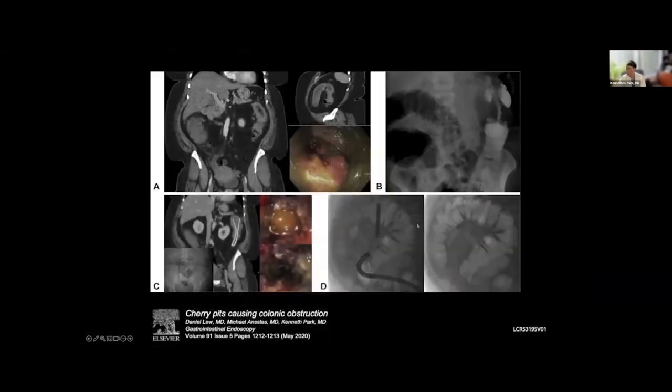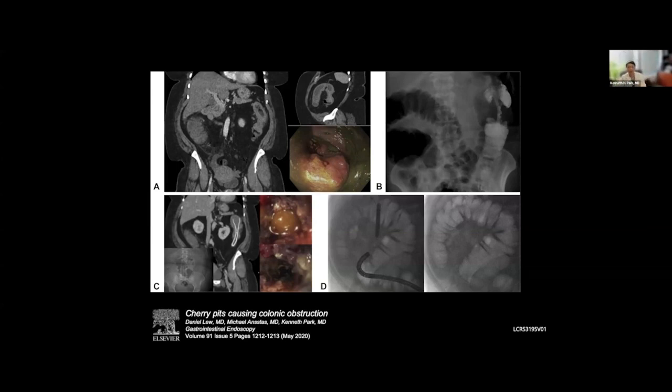Versus a similar sort of case, this is a case that we published a while back. This was a braided stent, an Evolution stent, which is braided, and because the stricture was very, very tight, you can see, as I showed you, the stent elongates and gets very, very narrow in the middle.